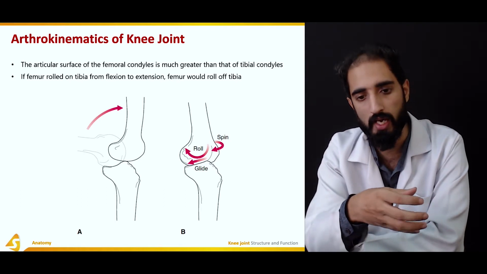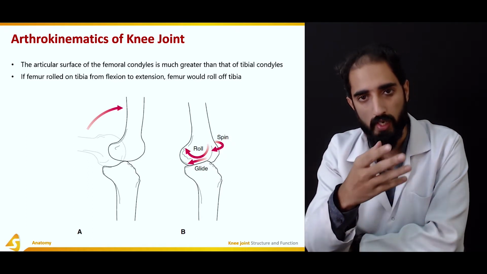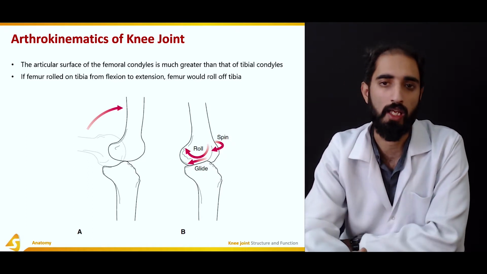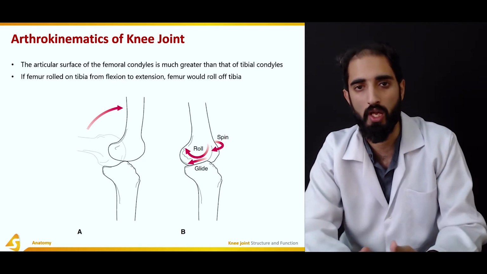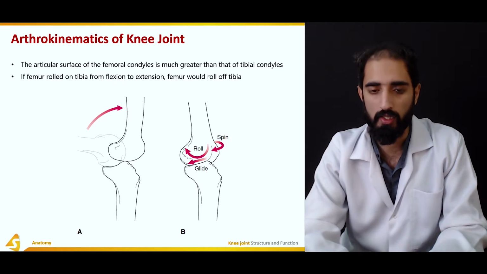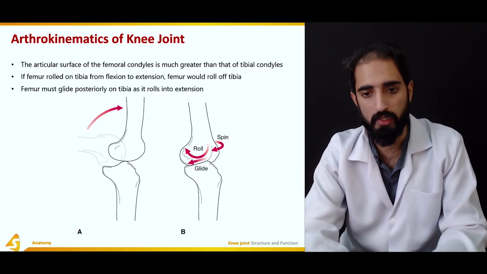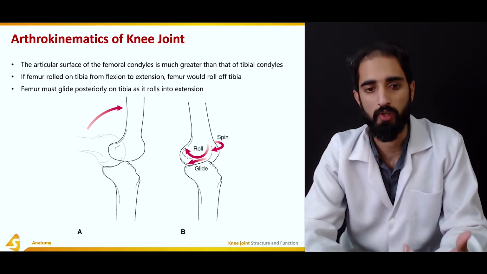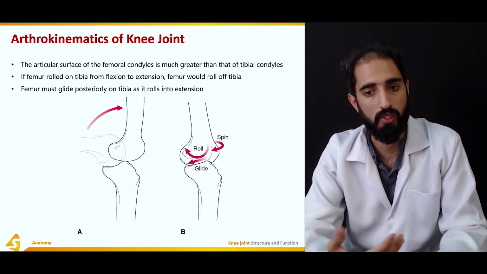So what happens is that whenever the femur moves, as the femur rolls, let's suppose forwards, there is an equivalent glide backwards as supposed by the convex and concave rule, thus keeping the femoral condyles or the femoral articulating component within the tibial plateau. So the femur must glide posteriorly on the tibia as it rolls into extension.